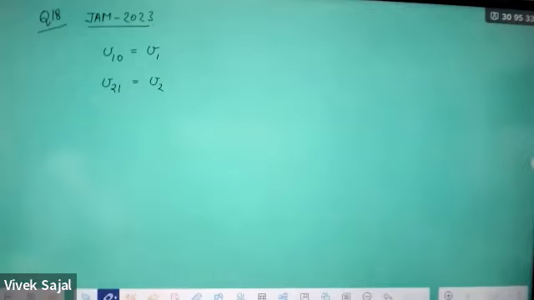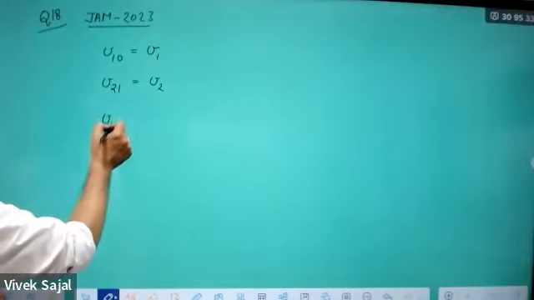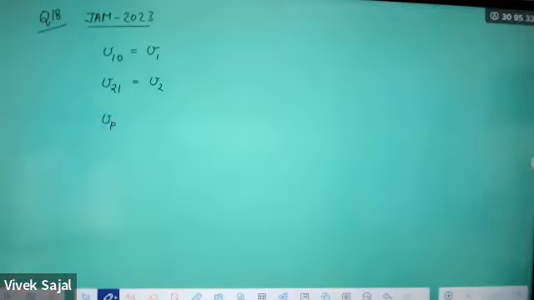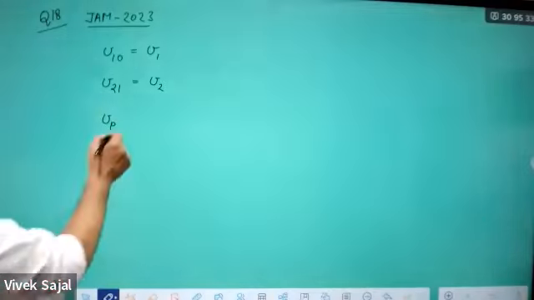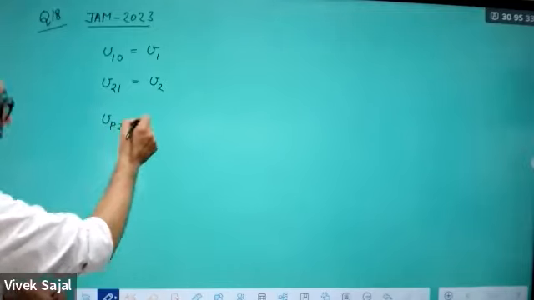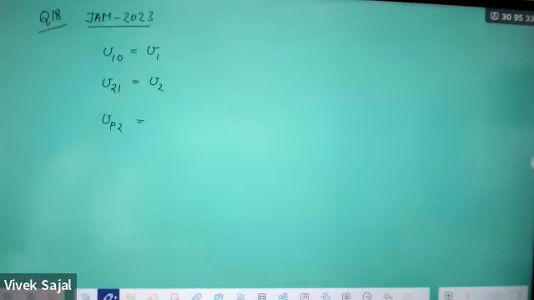And next, a particle is moving with a velocity V3 with respect to F2. The velocity of the particle with respect to F2 is V3 i cap.